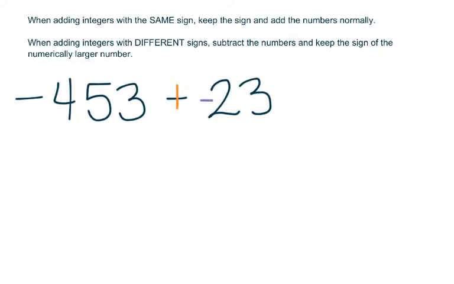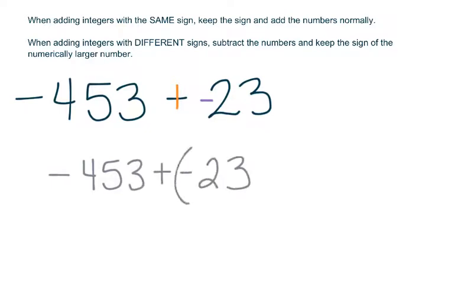So our new problem is negative 453 plus a negative 23. Okay, and it says up here, when adding integers with the same sign, keep the sign and add the numbers normally. They have the same sign, so we're going to keep it. So it's going to be negative, and 453 plus 23 gives you 476. Your answer is negative 476.